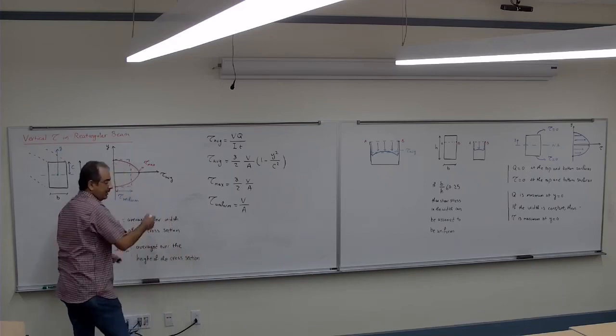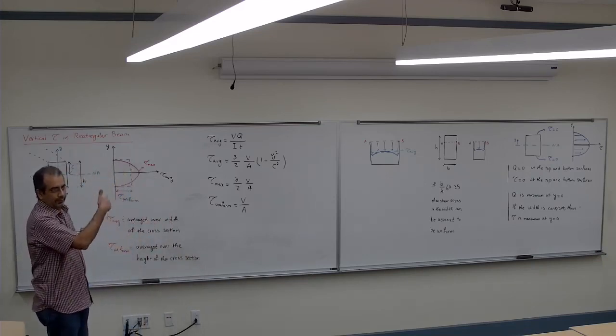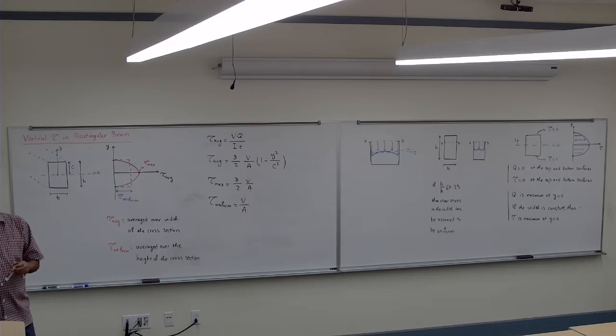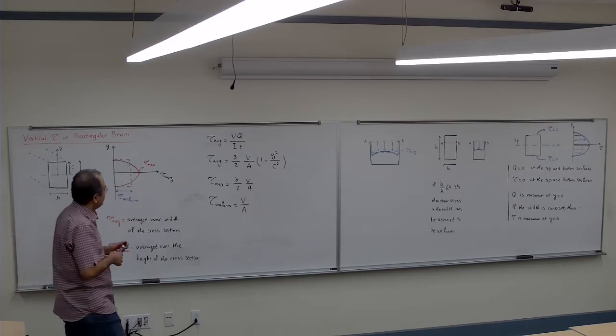So both of them are averages. One of them is averaged over the width, one of them is averaged over the height. But I want to mention that.